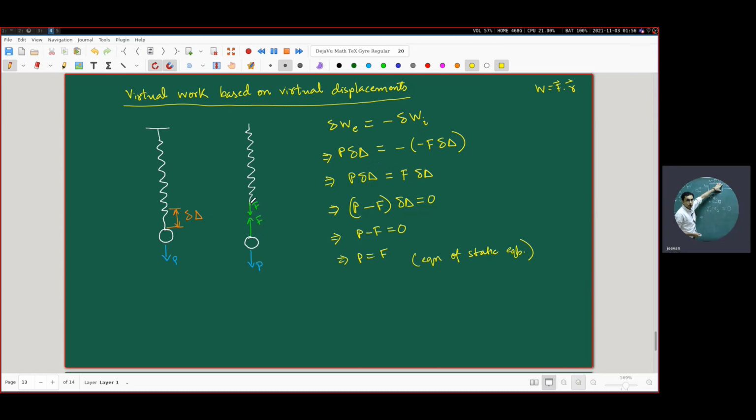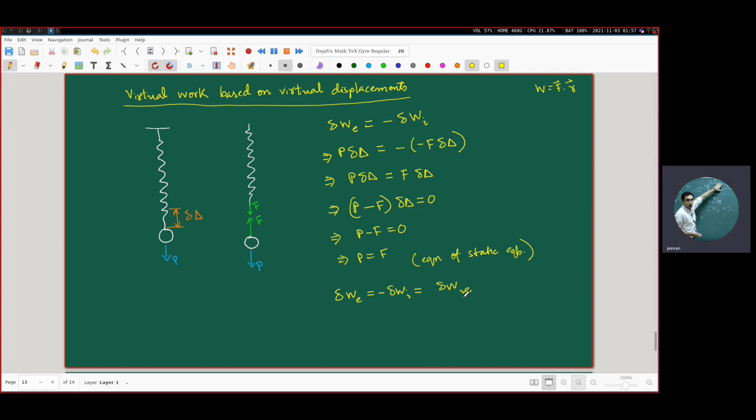Then this point is also coming down by this imposed displacement delta. So we might as well have considered another version of this principle of virtual work where we consider the work done due to this force.